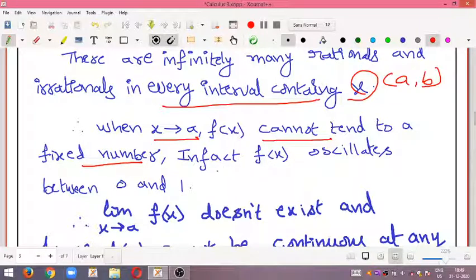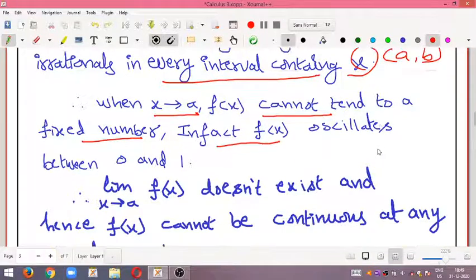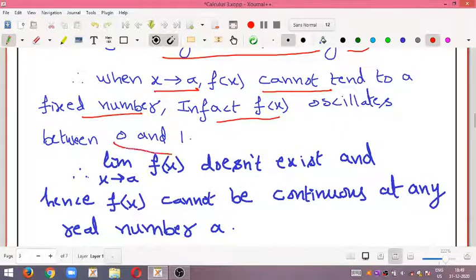In fact, f of x oscillates between 0 and 1.